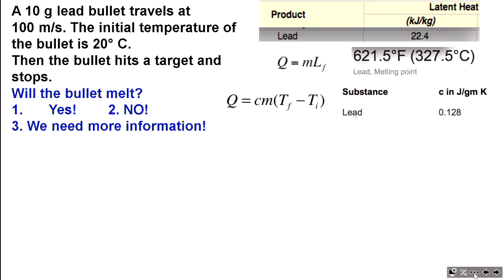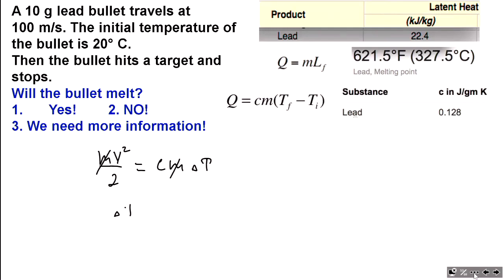So, mv squared over 2 should be equal to, well, I'll write an equation first, delta T. In fact, sometimes we don't really need to know the mass, because if you write an equation like that, we can see mass canceled.